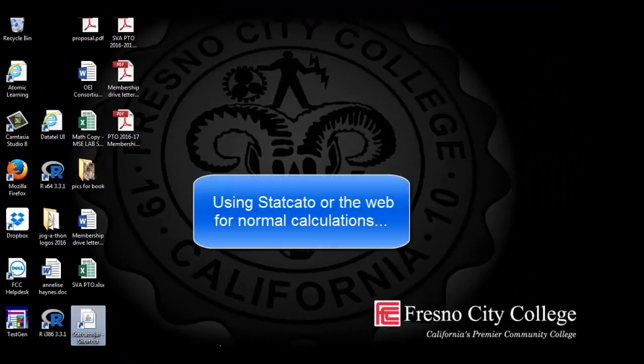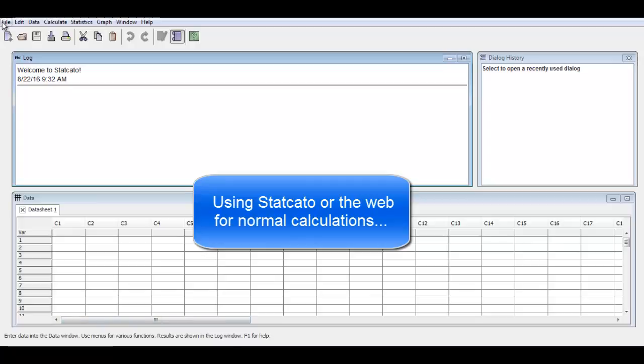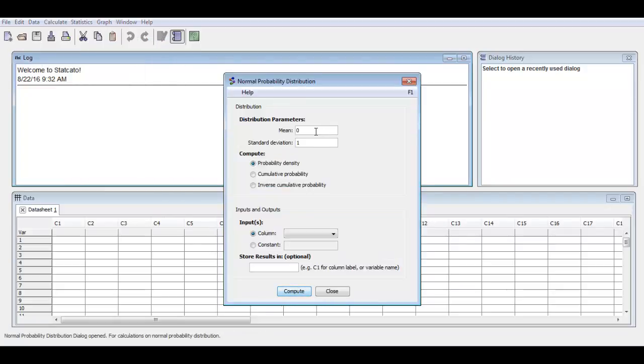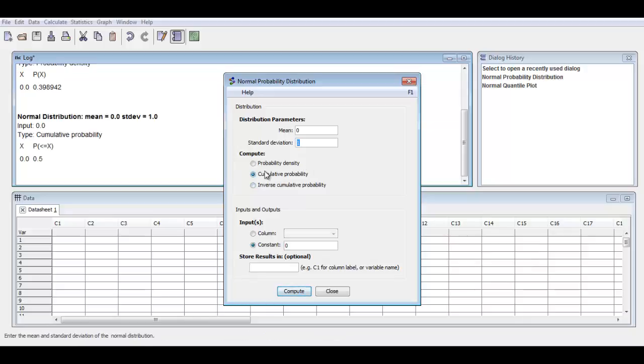All right, so if I go ahead and open up Statcato, I'm going to go to Calculate, Probability Distributions, Normal. If I leave the mean as 0 and the standard deviation as 1, that's the standard normal curve. I want to click on Cumulative Probability, and that will calculate the total area.